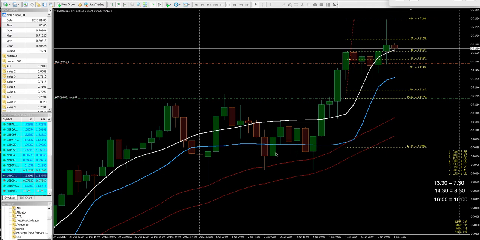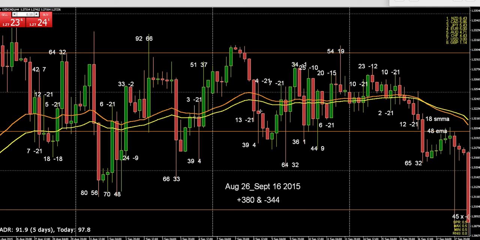Now, how well does the adaptive Laguerre filter work in comparison, say, to the simple 36 and 48 EMA? I have a good example right here. This is the dollar CAD in September 2015.